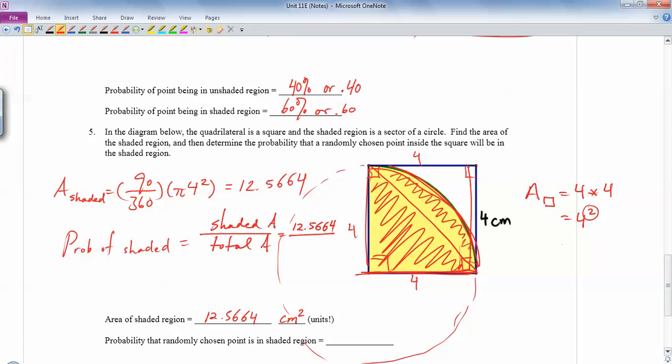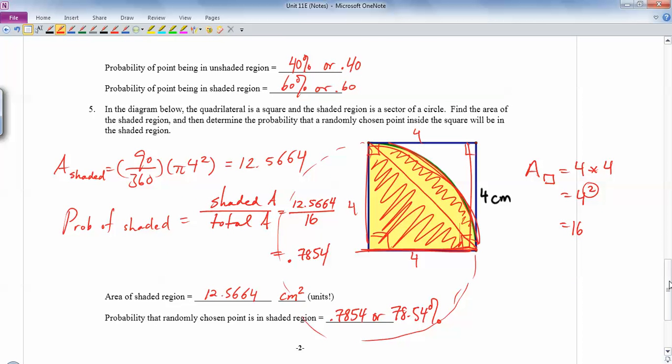That's why it's called squared. So 16. So this over 16, you plug that into a calculator and you end up with, let's see, 0.7854. Or if you converted that to a percent, 78.54%. All right. I hope that helps a little bit, and I'll see you guys soon.